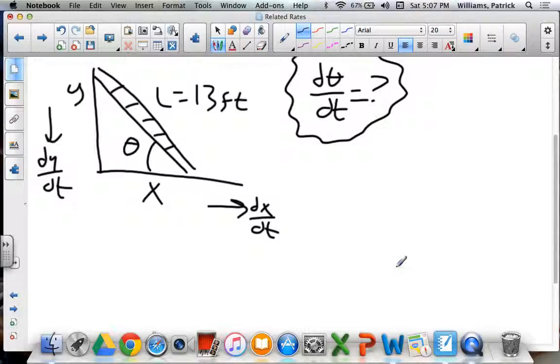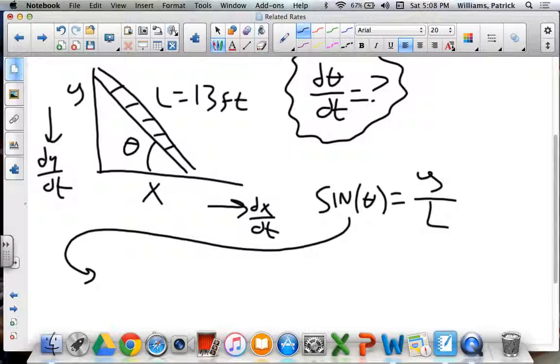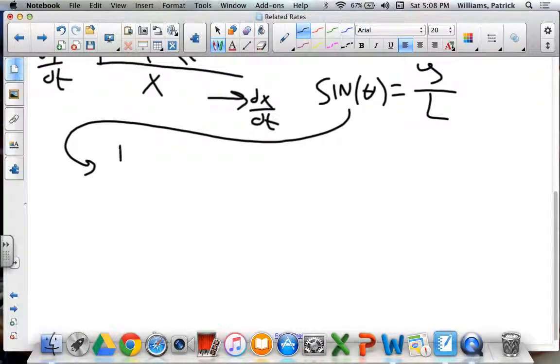So we could say sine of theta is y over L. Cosine of theta is x over L. Tangent of theta is y over x. So pick whichever one you want to do. Let's just go ahead and say sine. Sine of theta is equal to y over L, okay? So now what do we do to that equation? We differentiate both sides with respect to t.